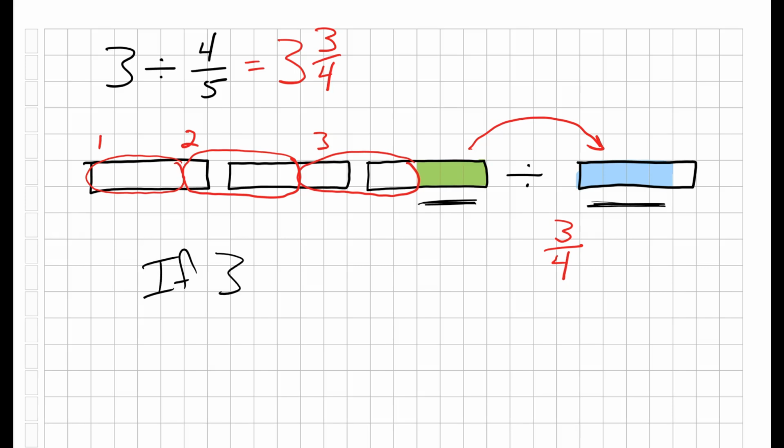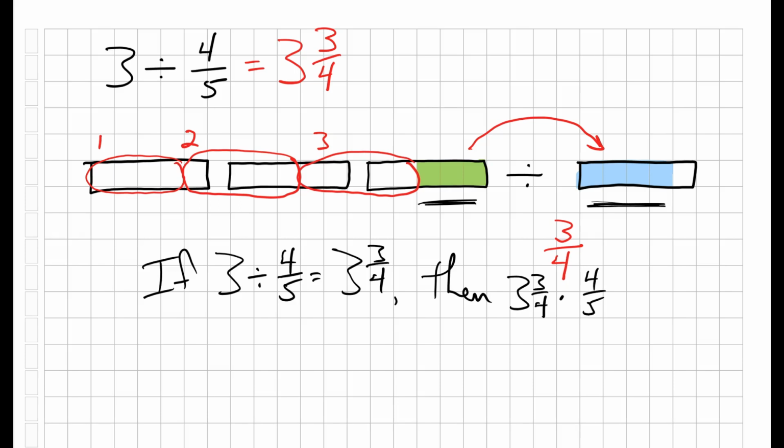And again, I can always check my answer using multiplication. If 3 divided by 4/5 equals 3 and 3/4, then 3 and 3/4 times 4/5 must be equal to 3. Well, let's see if it is. 3 and 3/4 times 4/5.